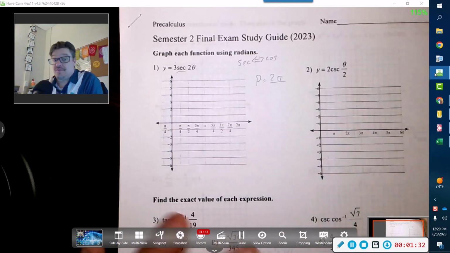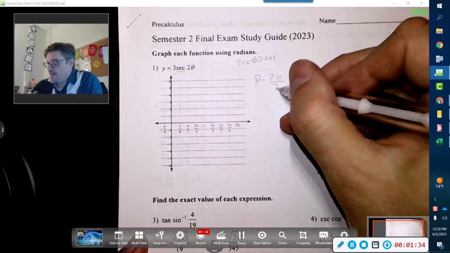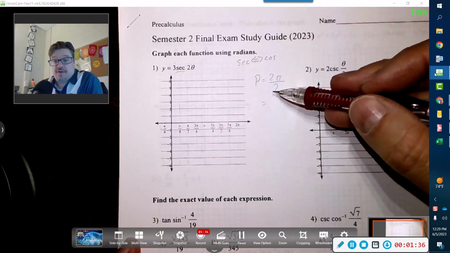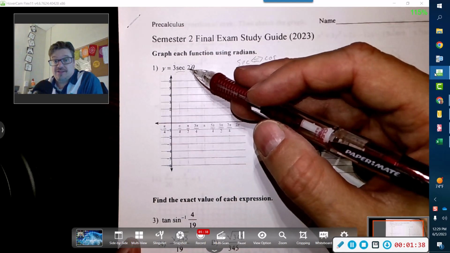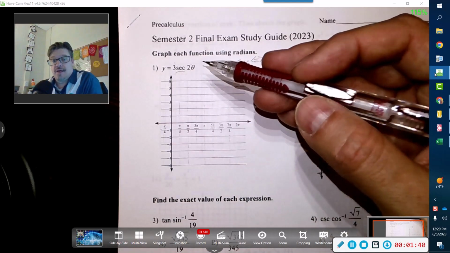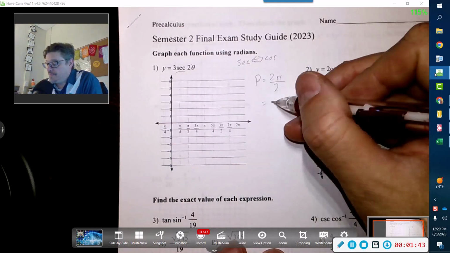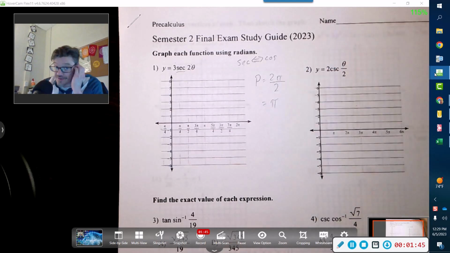And you just have to remember that. So if I put a 2 here, because that's your b in trig functions, then we get a period of pi, which means that cosine is going to finish its cycle in 0 to pi units.